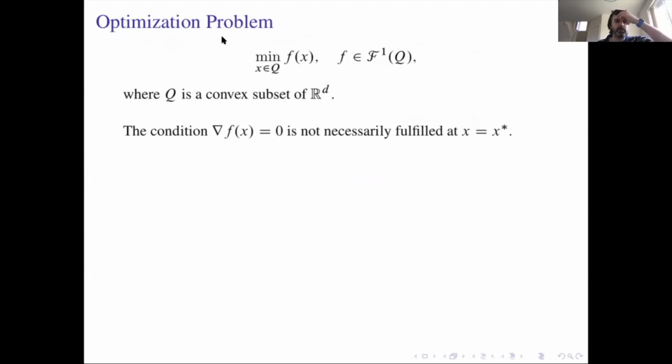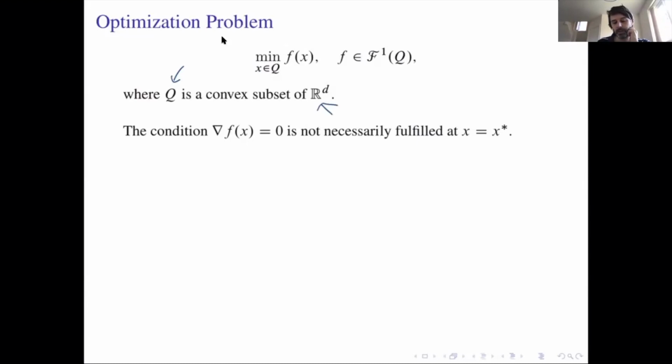Okay, so coming now to some optimization problems. I've written down here one basic optimization problem. You can really look at a million different problems here, but this is kind of the basic problem. We have a convex set Q, which is in this case a subset of R^d.